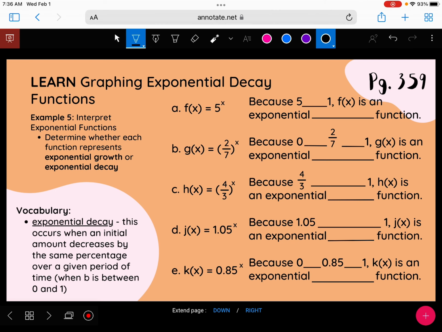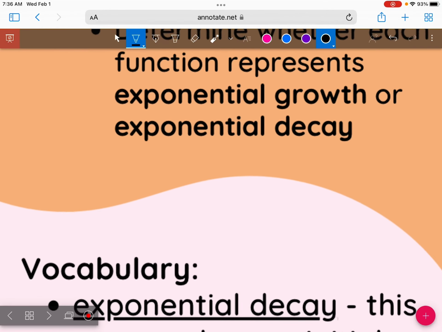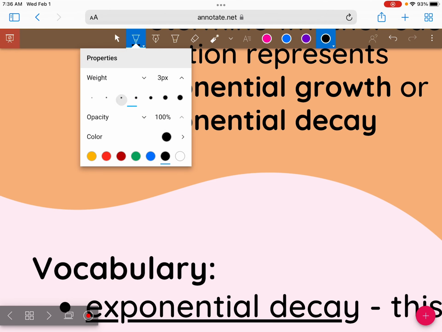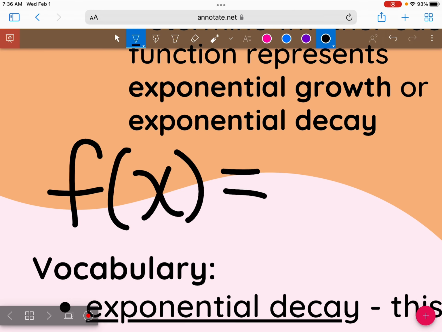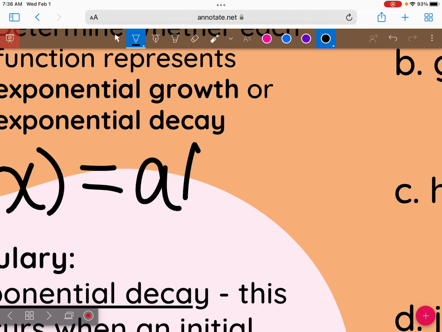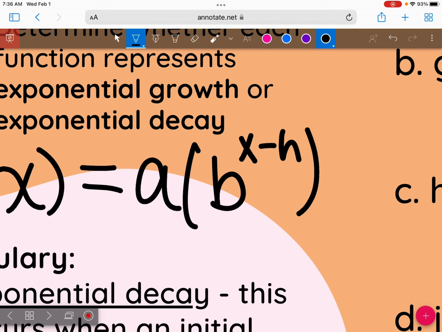So let me write out our standard form again. Our standard form was f of x equals a times b to the x minus h, plus k, right?